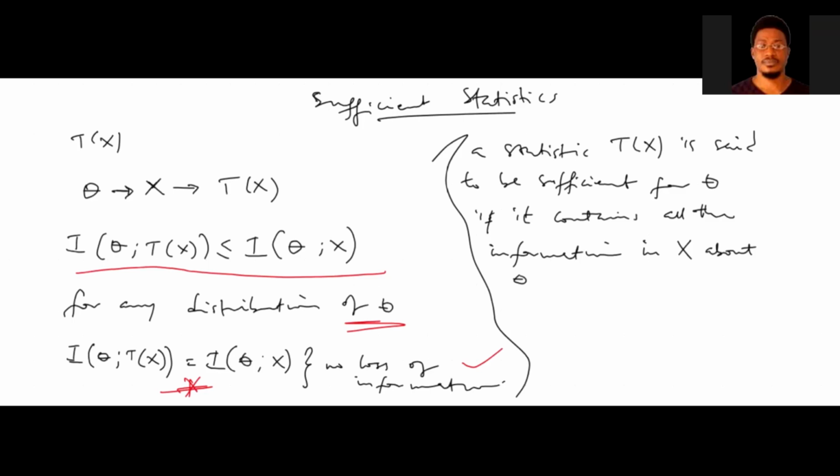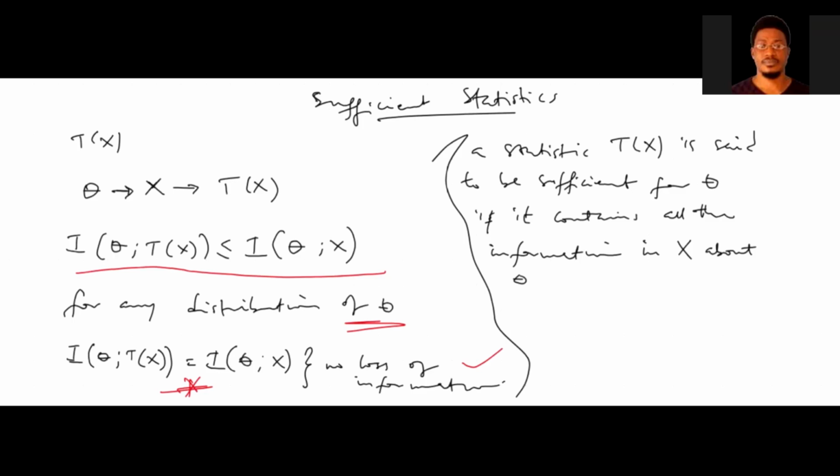Now, it means that if that is true, then a statistic T of X is said to be sufficient for theta if it contains all the information in X about theta. That's why we say this is sufficient statistics.